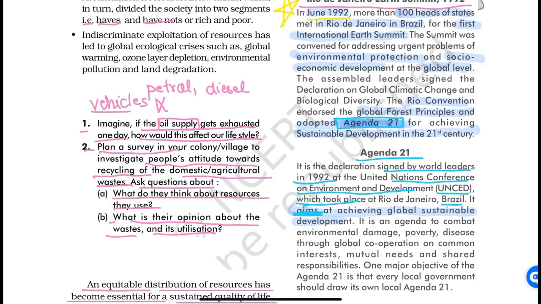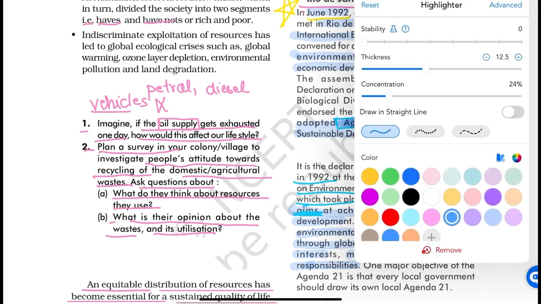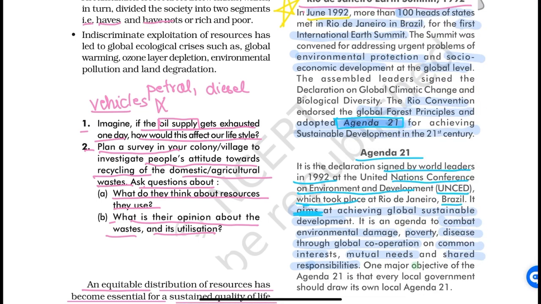It is an agenda to combat environmental damage, poverty, disease through global cooperation and common interests, mutual needs and shared responsibilities. And one major objective of the Agenda 21 is that every local government should draw its own local Agenda 21. Okay.